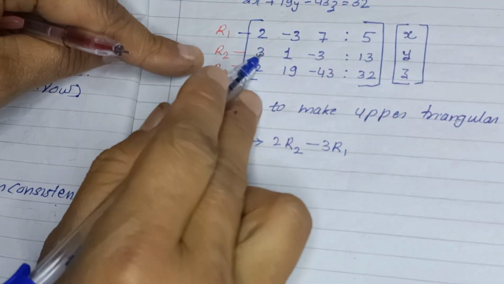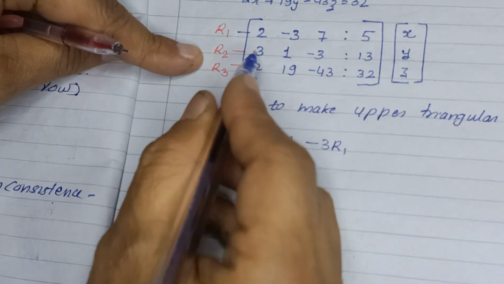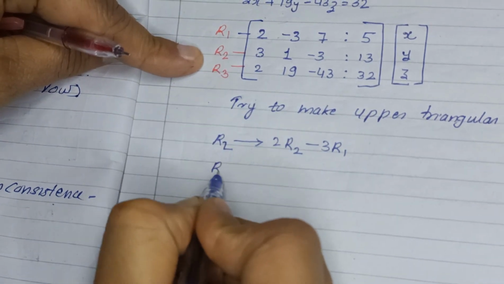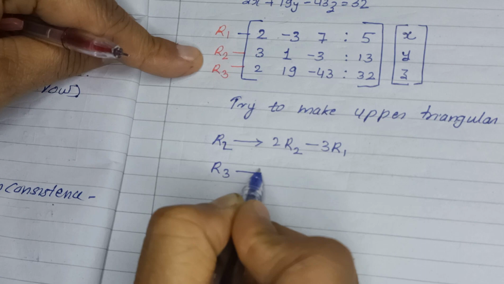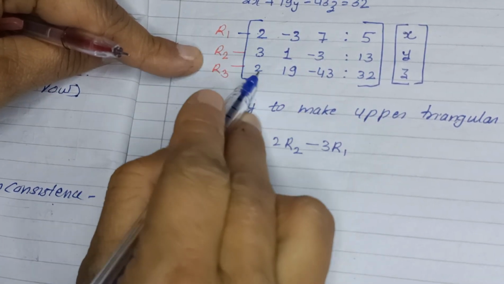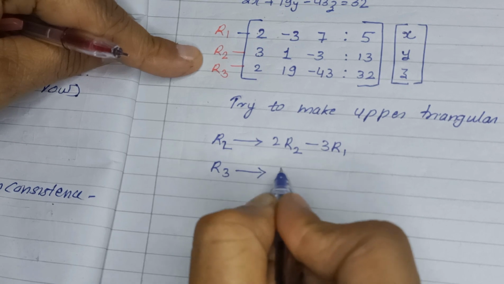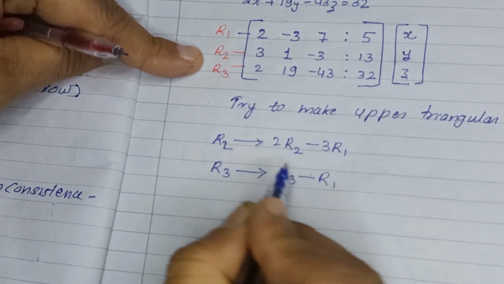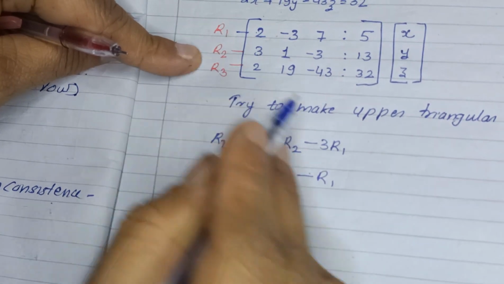Then I want one more 0 over here also. So for row 3, I can directly subtract row 1 to get a 0 here. So I simply write row 3 minus row 1. If I do these two, I get 2 zeros.